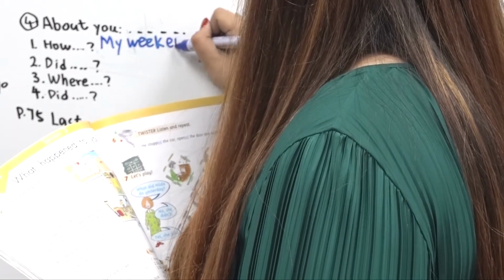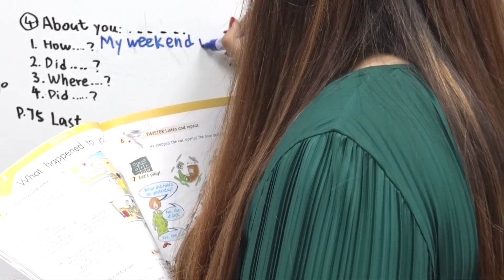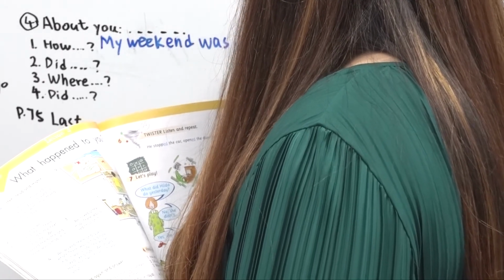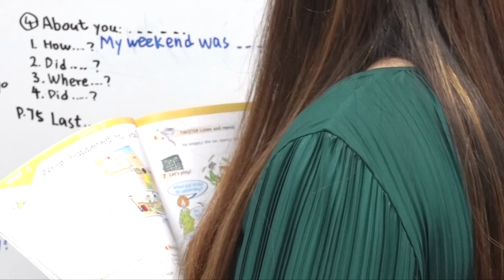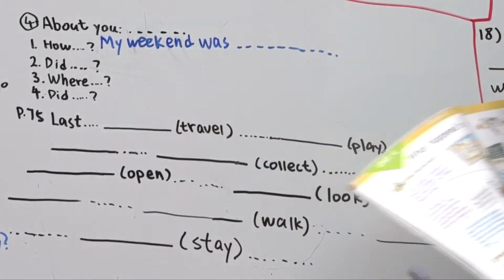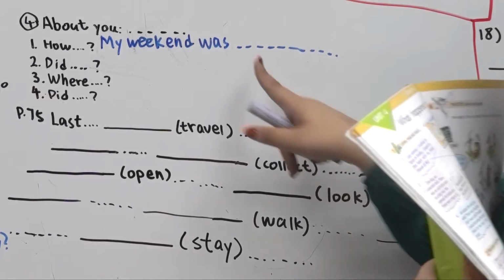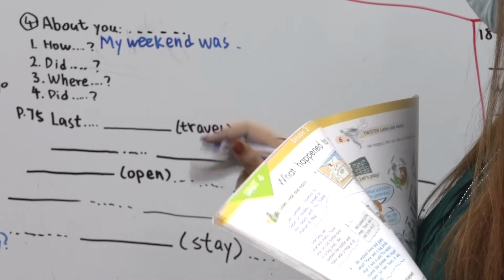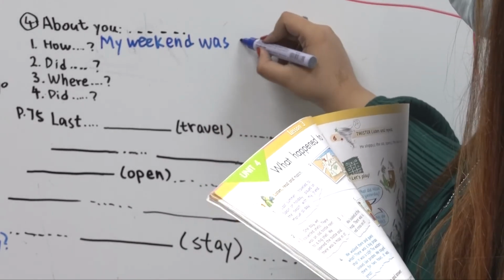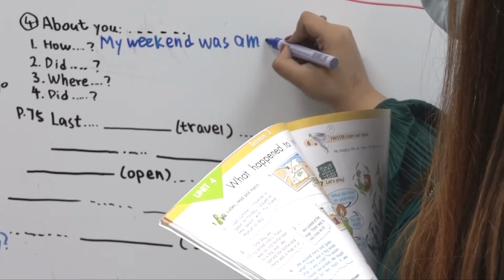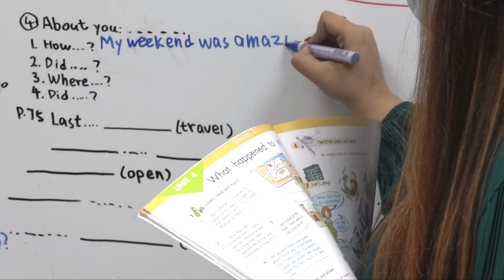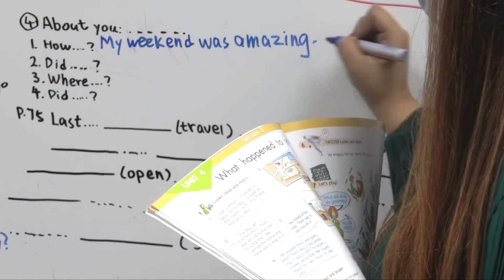My weekend was amazing. My weekend was very good. My weekend was very sad. I would say amazing because I love weekends. So what's your answer? You write it by yourself. Amazing.